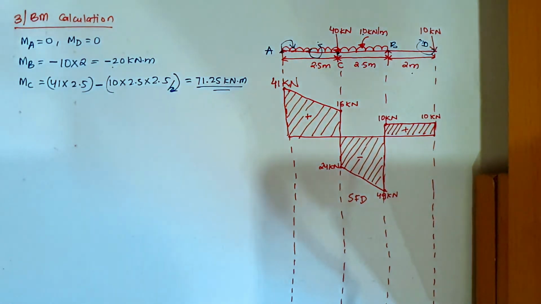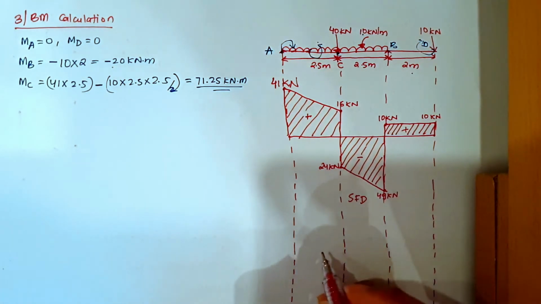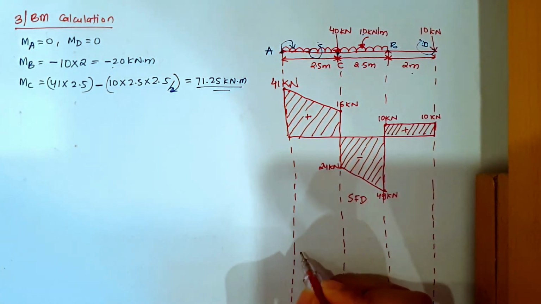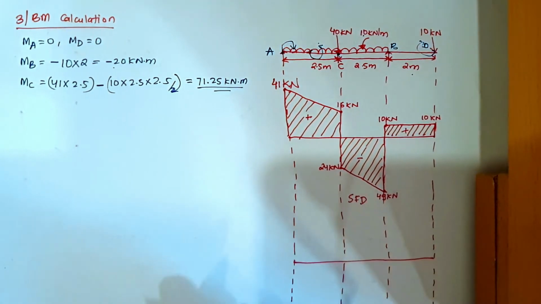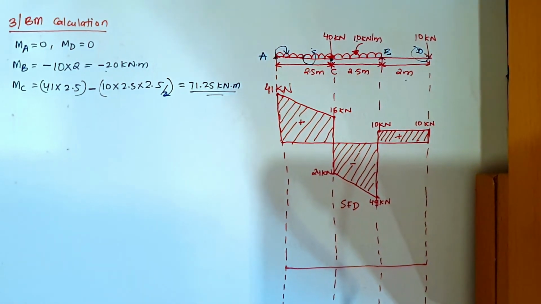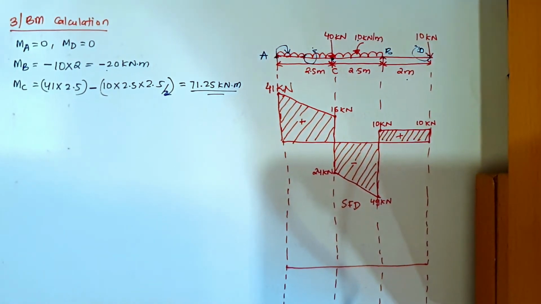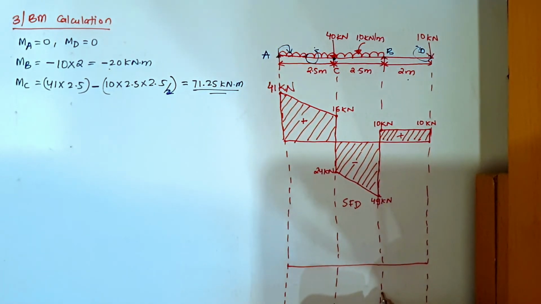Okay, so let's draw the bending moment diagram. So moment at B कितना आया था? It came minus 20.